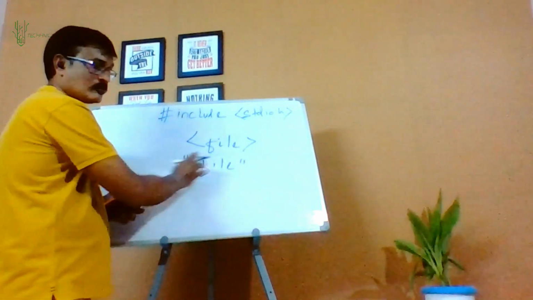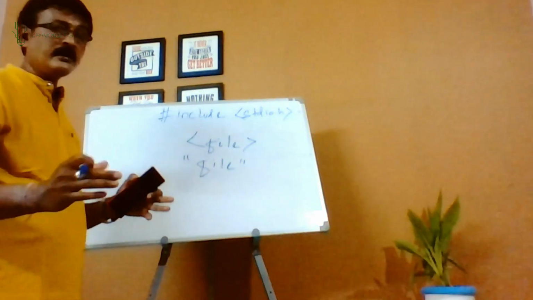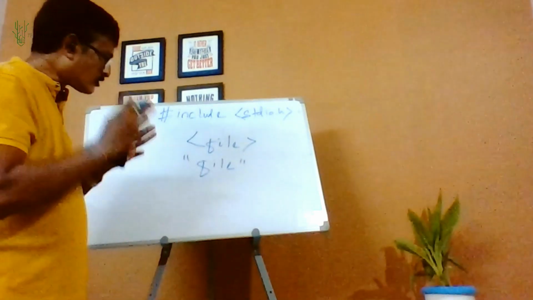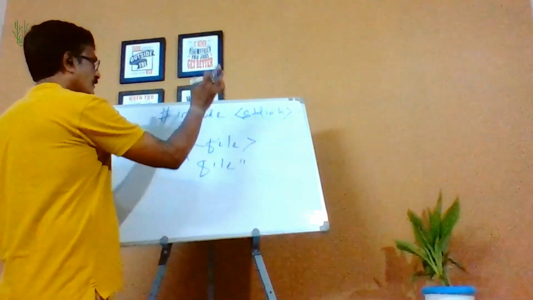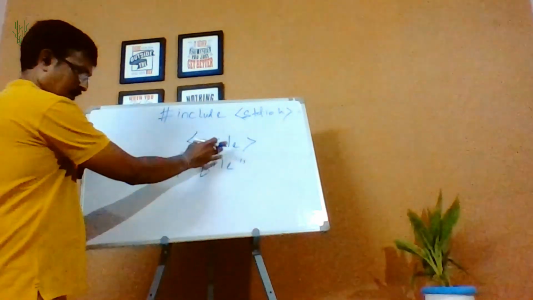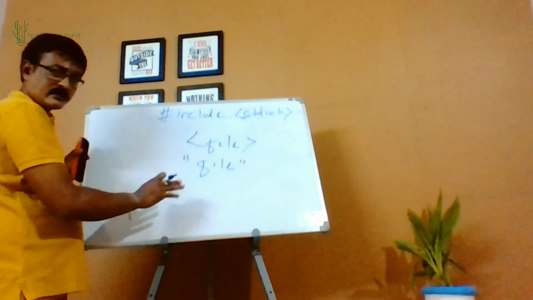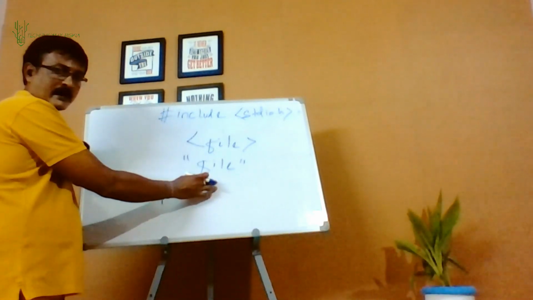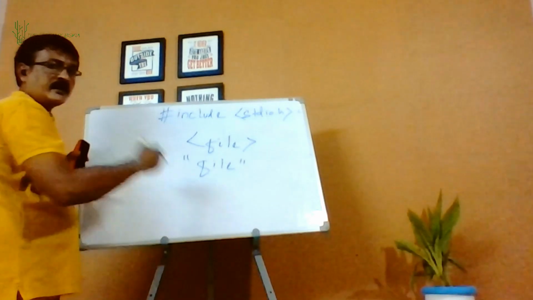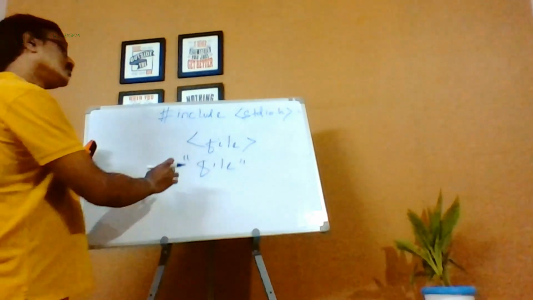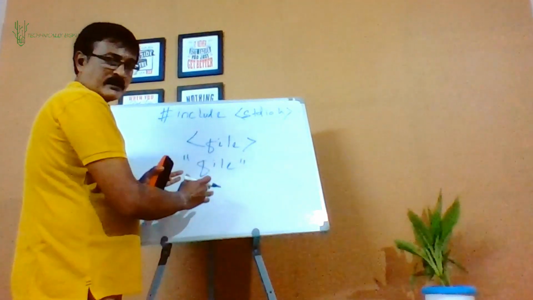Normally, if a file is included within double quotes, you will find a path will be given for the file. Normally, if it is not, first in the current path the file will be looked for, like in case of angular brackets. In the path it will look for this file. If it is not found in the path, then it will look inside the current folder, current directory. Got it? So it's that way it is happening.